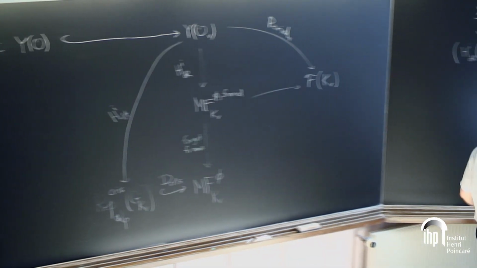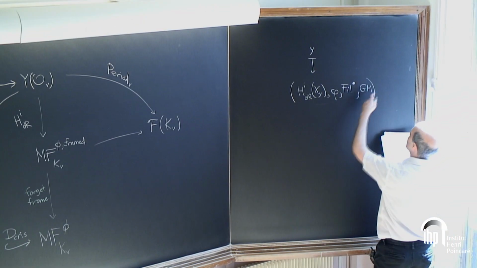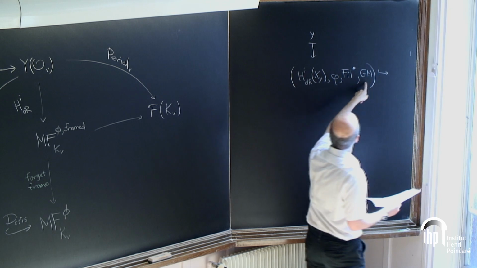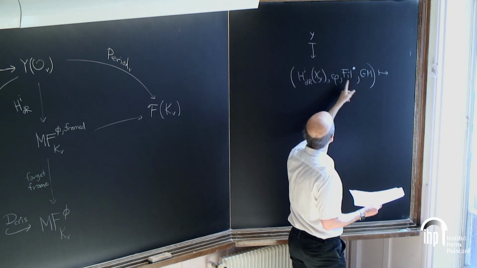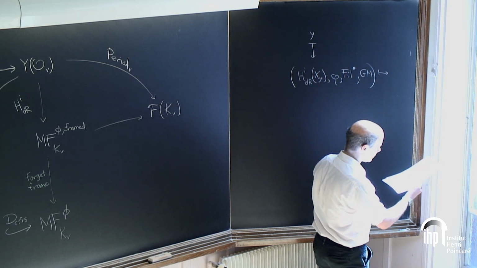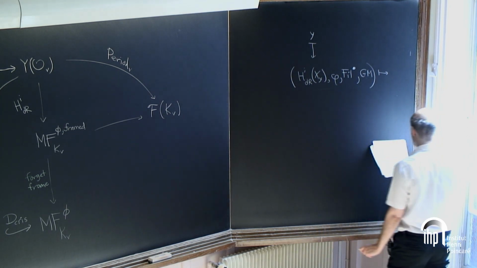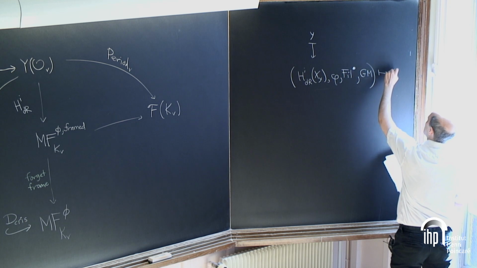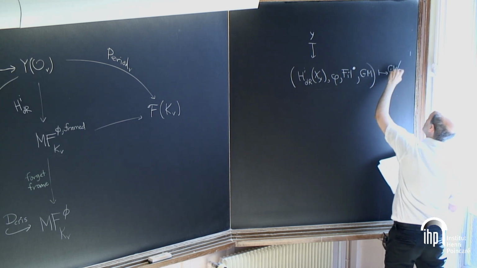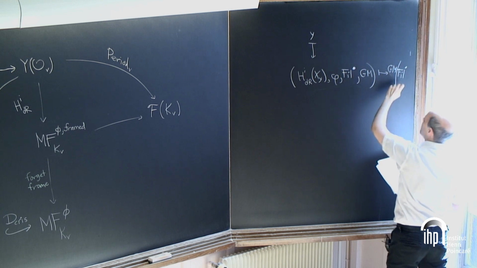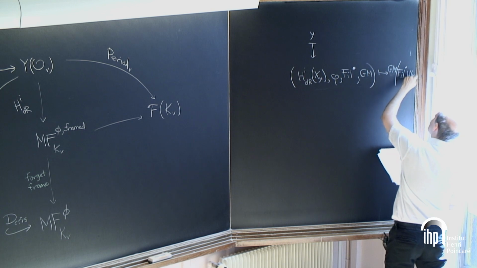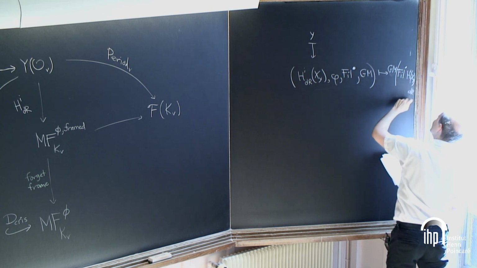So if you apply to this one, for example, you'll be applying this Gauss-Manin transport to the filtration here, which gives you a filtration on the H^i de Rham of X_Y. I don't really have room here, but GM applied to the filtration on the H^i de Rham of X_Y.